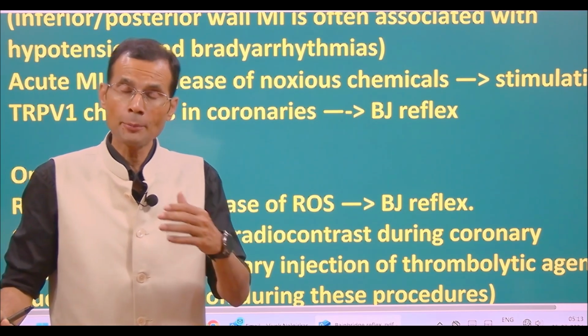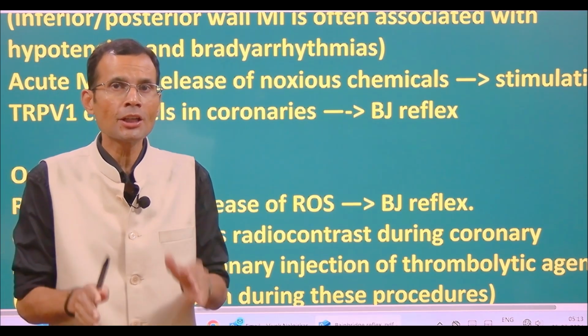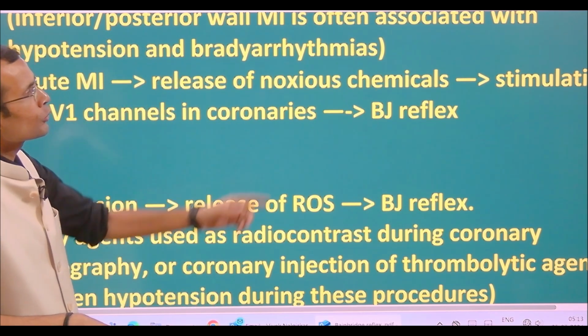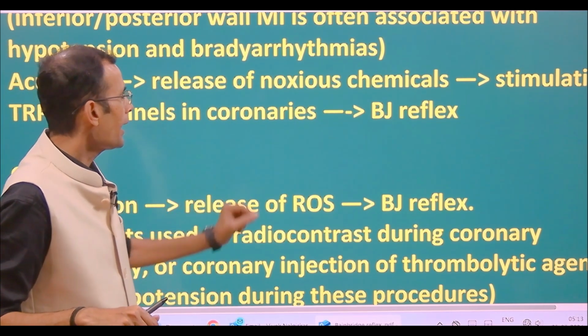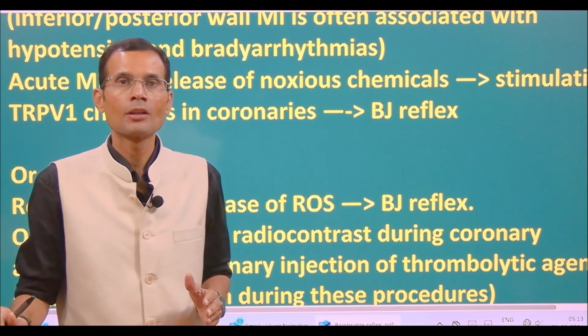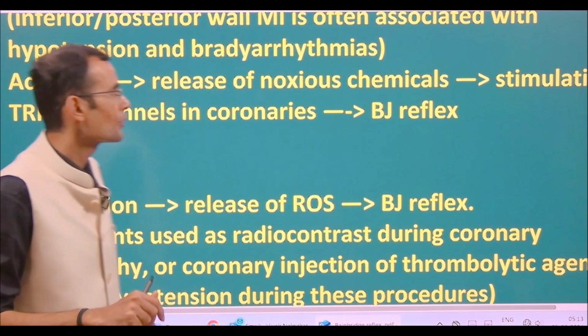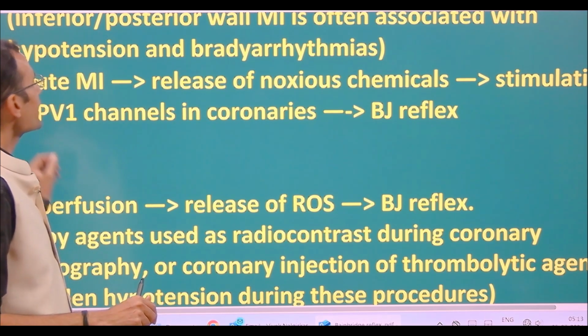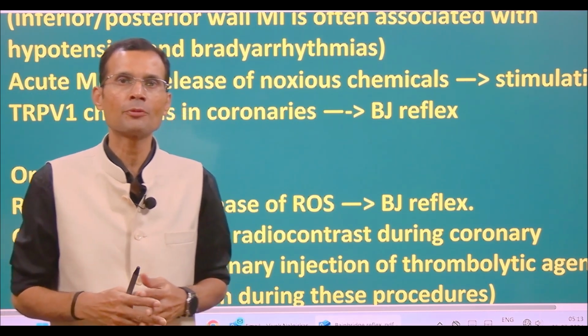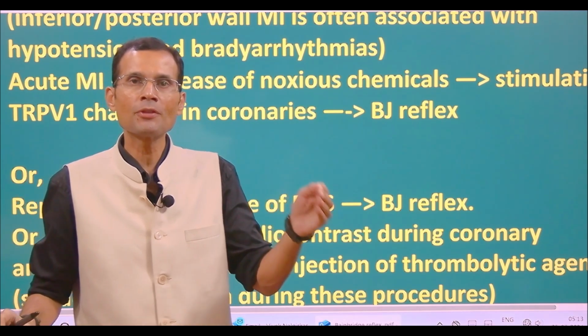Whenever there is acute MI, particularly posterior wall or inferior wall MI, there is release of noxious chemicals and stimulation of a particular receptor. Now it is interesting. The receptor is TRPV1. It's a receptor and a channel associated with it. Remember TRPV1?